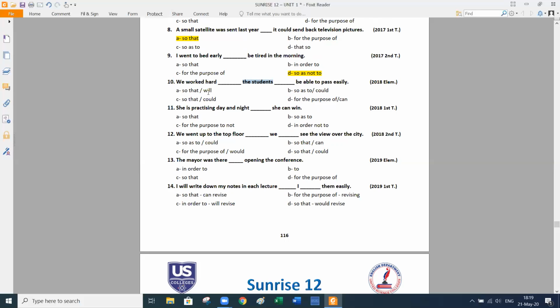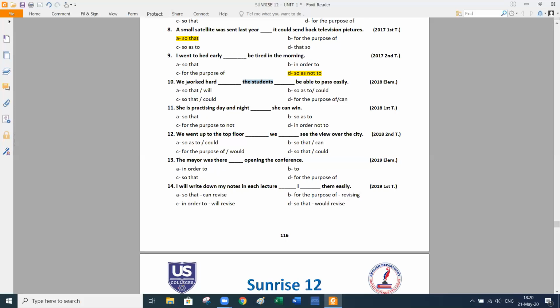And you can see both of them use a modal verb. So I eliminate B and D because they don't use so that. So they are wrong. I look at A and C and I try to decide which one is correct. As I said, according to the structure, if 2 answers are correct, you need to look into the meaning. The meaning is important in that case.